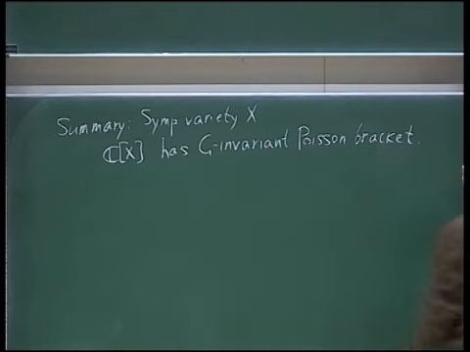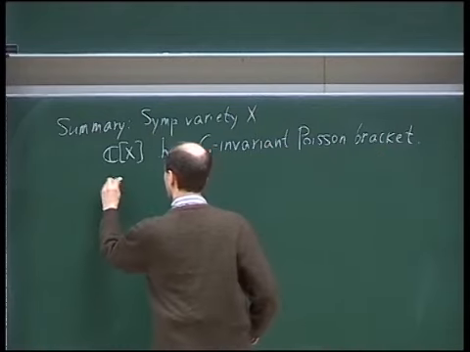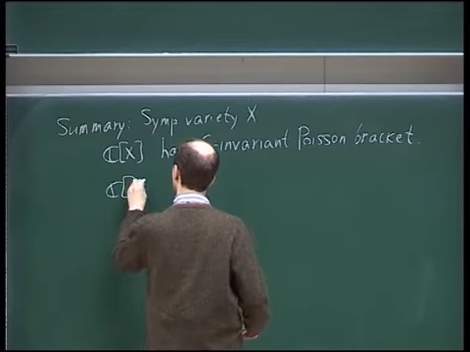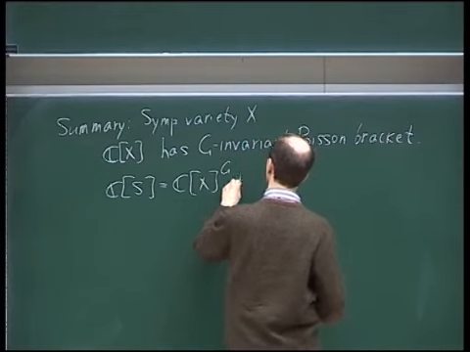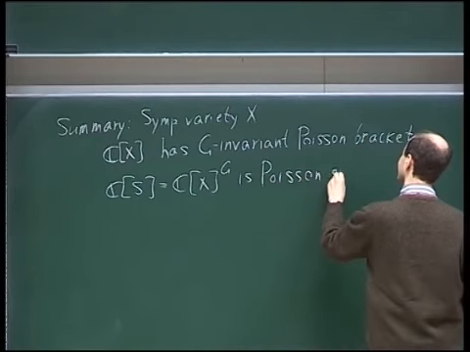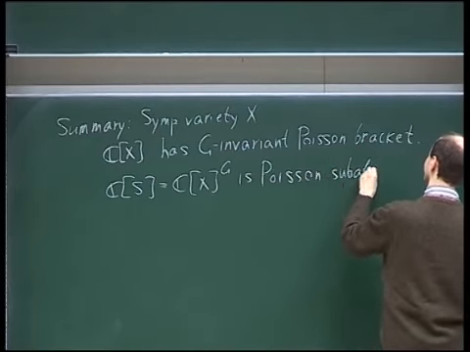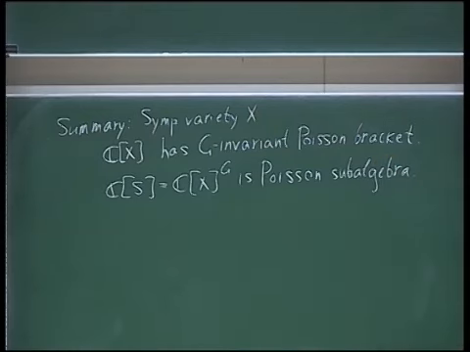It's well known that any symplectic variety has a natural Poisson bracket. And now we just restrict this bracket to G-invariants, and we get a Poisson structure on the algebra of functions of Losev slice.